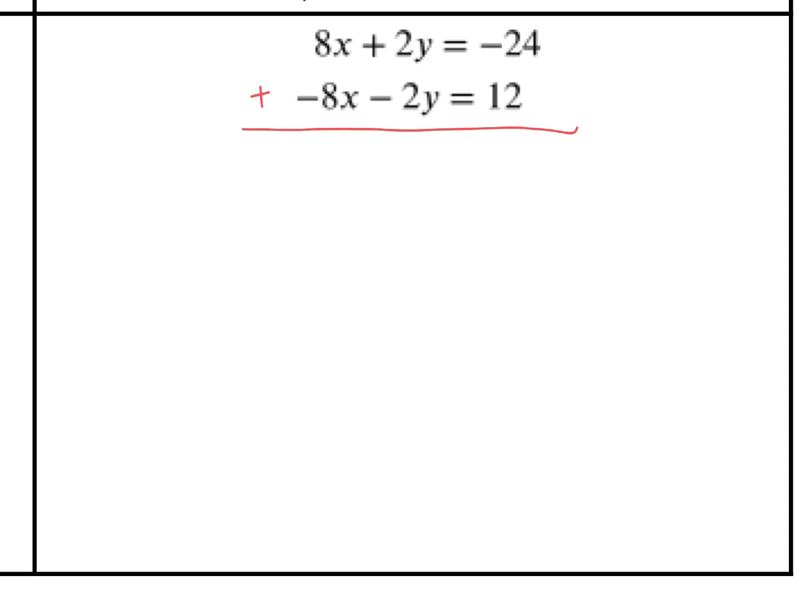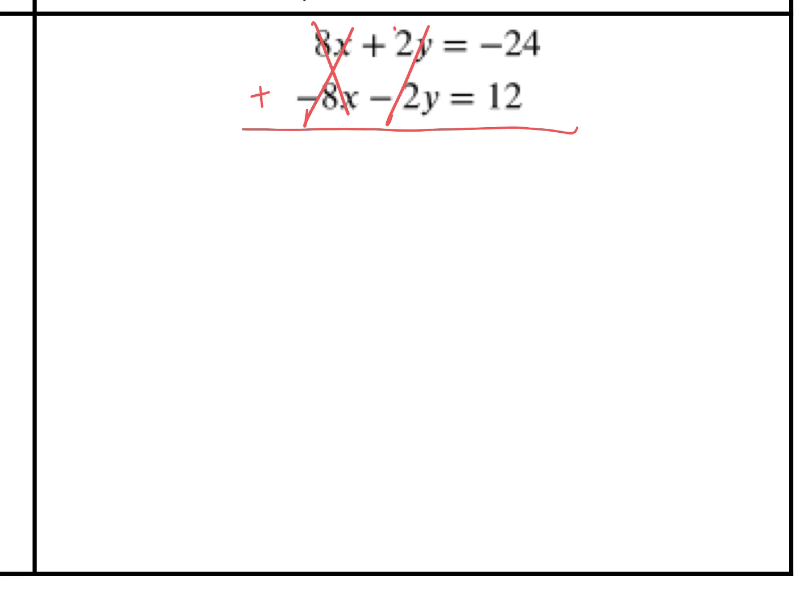So 8x plus negative 8x, which is the same thing as 8x minus 8x. Those cancel out, and we're left with 0x. Then we look at the y terms. 2y plus negative 2y, or 2y minus 2y, also cancels out.